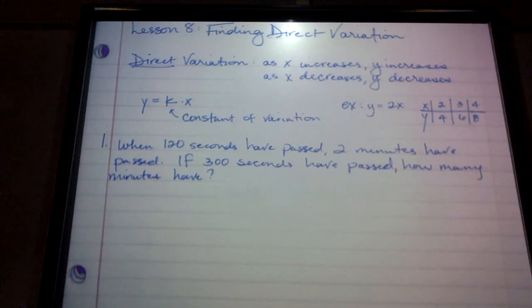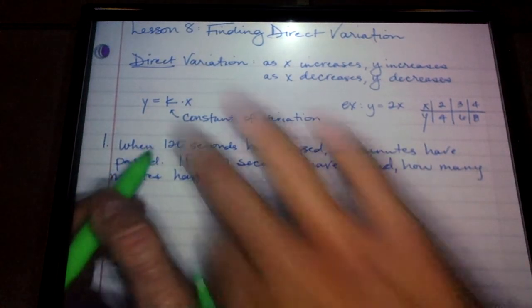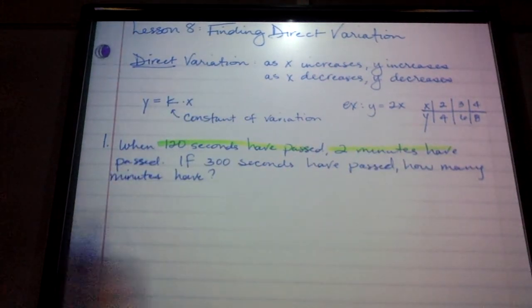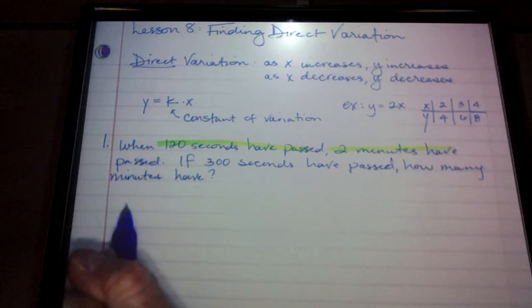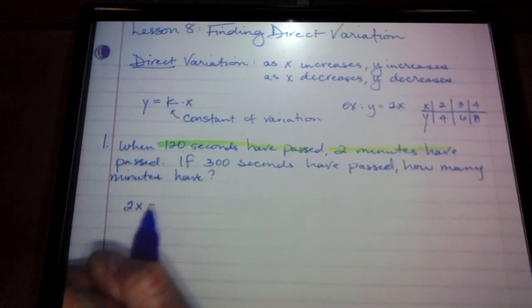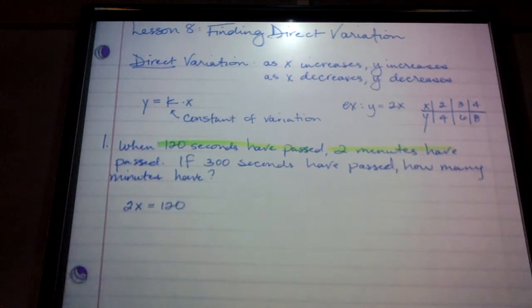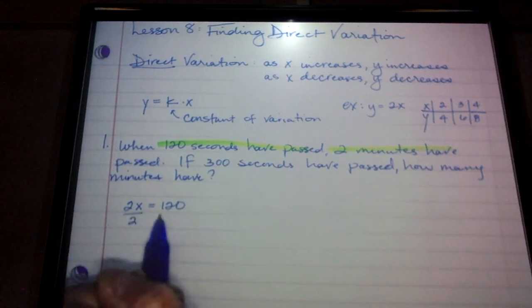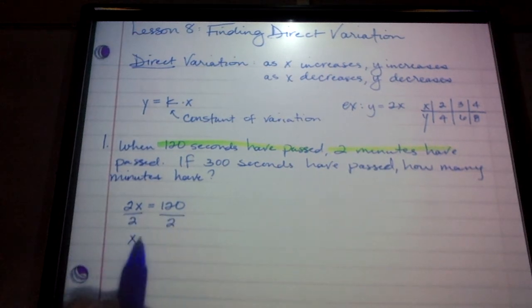So I probably wouldn't even use this equation, but you could set it up 2 ways. I could say that 2 times something equaled 120 seconds, right? 2 times 2 minutes, 2 times something is 120 seconds, and to solve for that, I would divide by 2. So my constant of variation is 60.